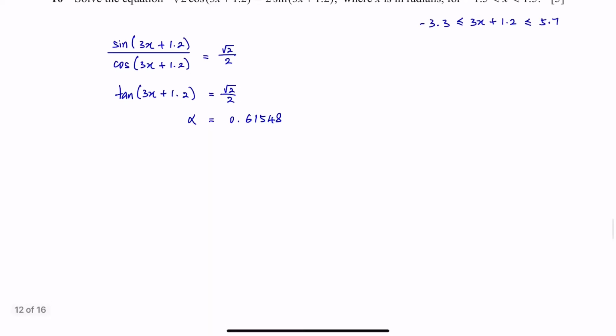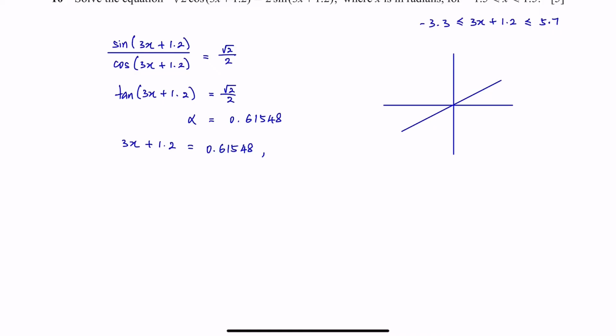So now 3x plus 1.2 can be 0.61548, and because it's a tangent, if this is positive, this will also be positive.